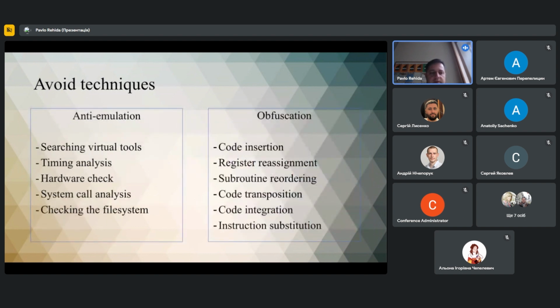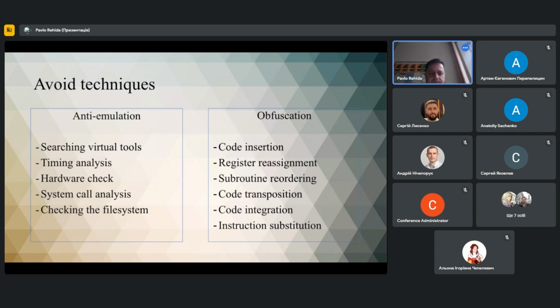Let's concentrate more on avoid techniques that belong to both of these categories. Anti-emulation techniques are commonly used as a tool to understand if malware runs in an emulated environment.